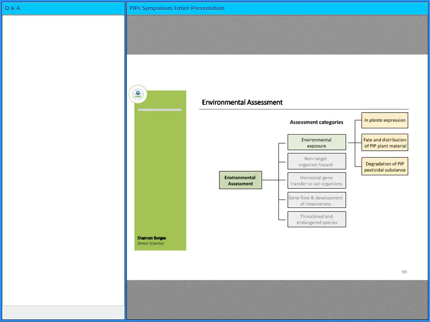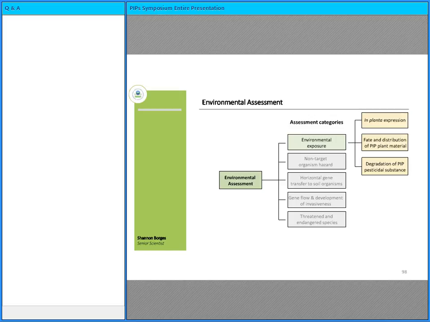For environmental exposure, we basically ask for 3 different types of information. One is the expression of the PIP pesticidal substance within the plant. Another is the fate and distribution of the PIP plant material in the environment.